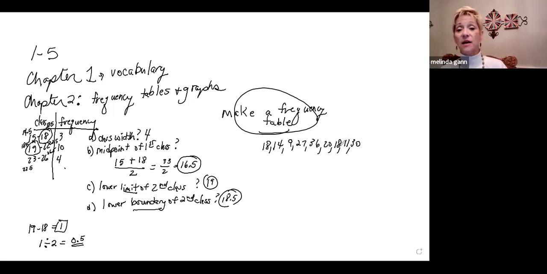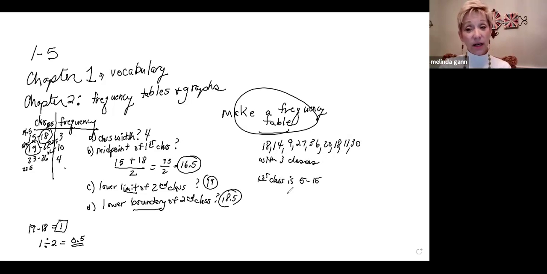And sometimes I'll say something like, make a table with 3 classes. Sometimes instead I'll say make a table whose first class is 5 to 15. So I can phrase it different ways, and if I phrase it differently, it's done differently.